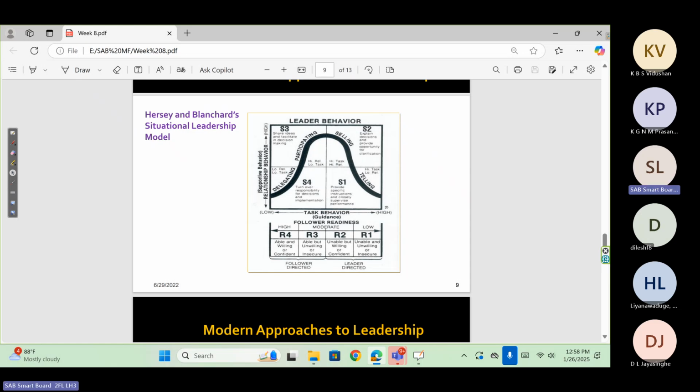Then S3 is explained here. The leader shares ideas and facilitates decision making. The leader may share ideas intentionally with followers and make the decisions participatively. Then this is the genuine style, S4.